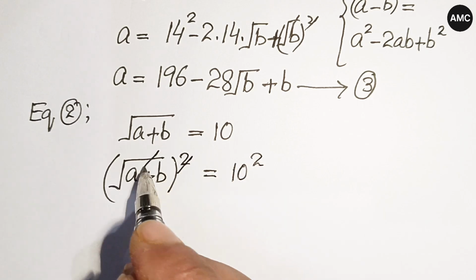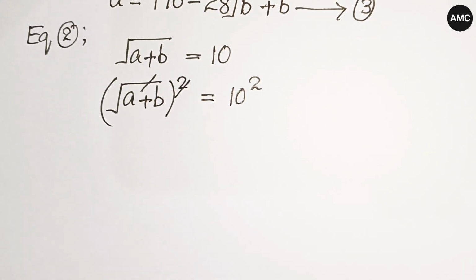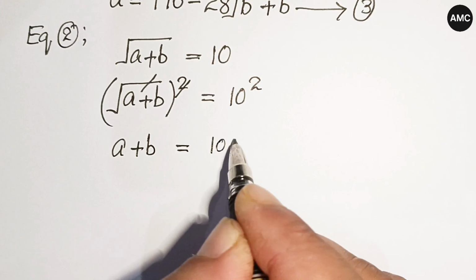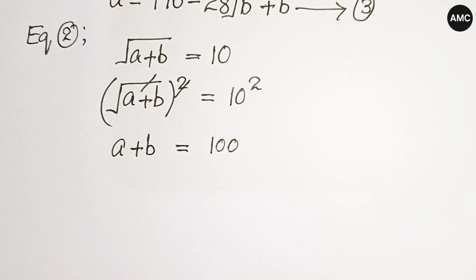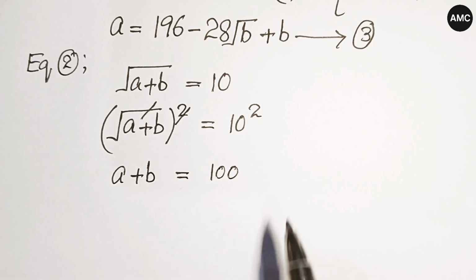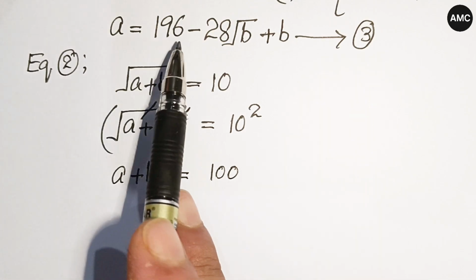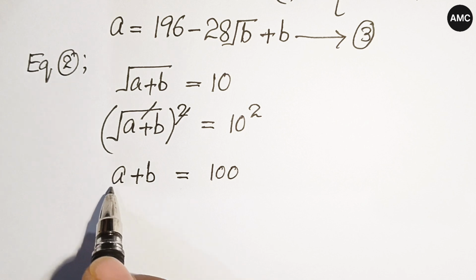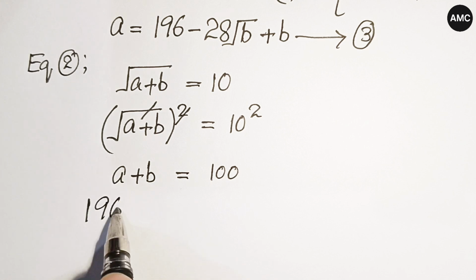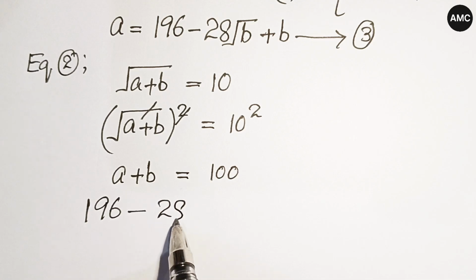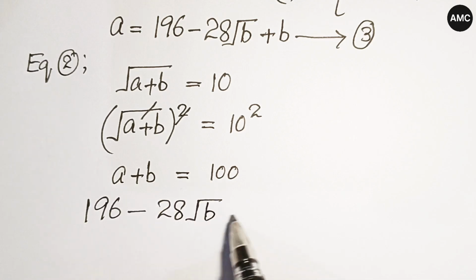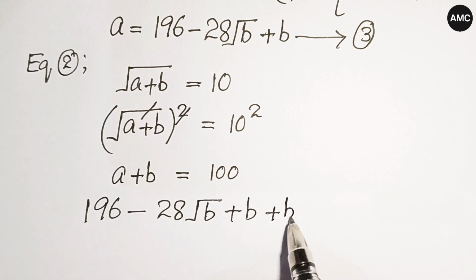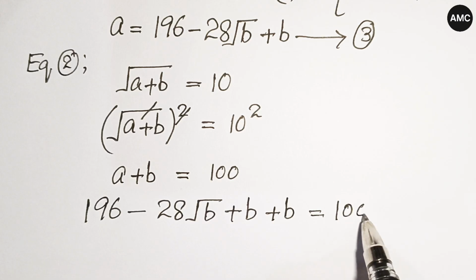Cancelling this square with the square root, we have a plus b is equal to 100. Now from equation number 3 we have the value of a, so putting this value of a in this equation, we get 196 minus 28 times square root of b plus b, and here we have plus b, so that is equal to 100.